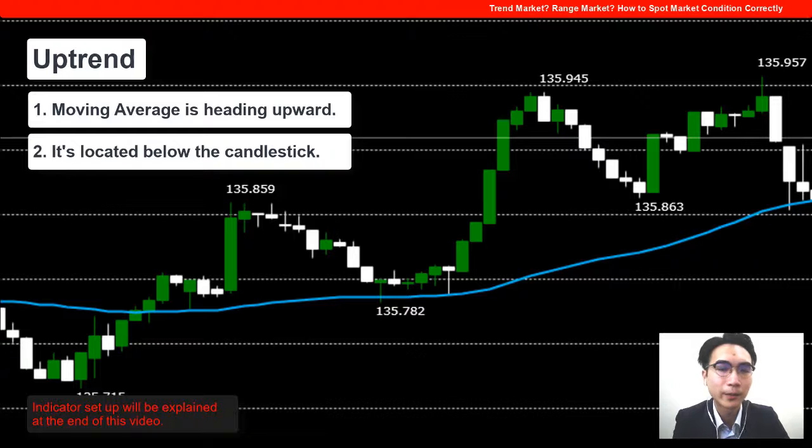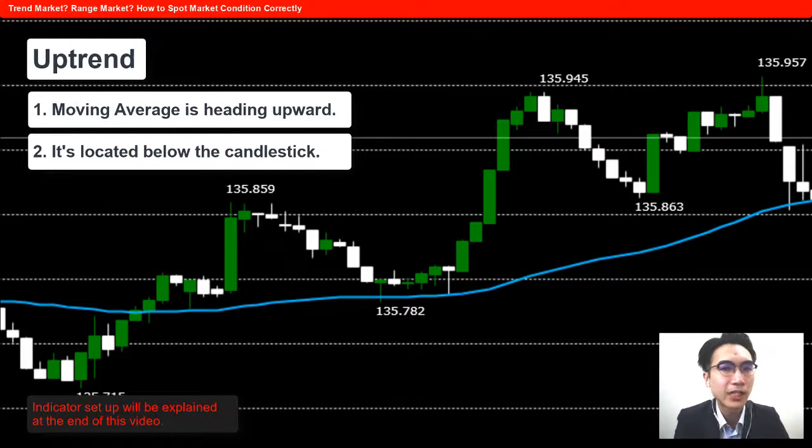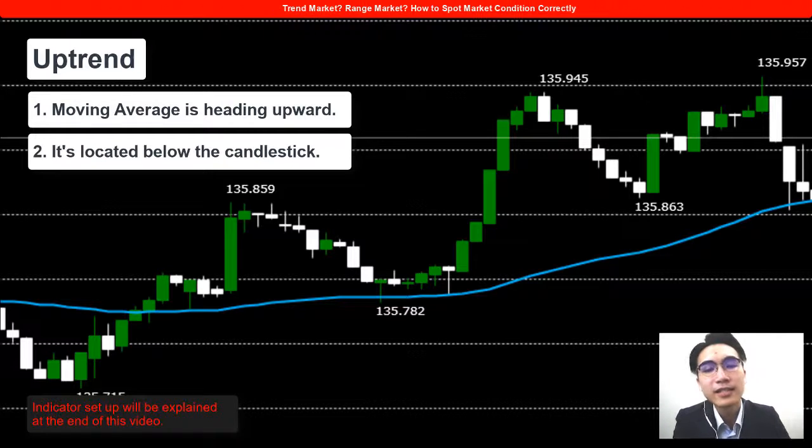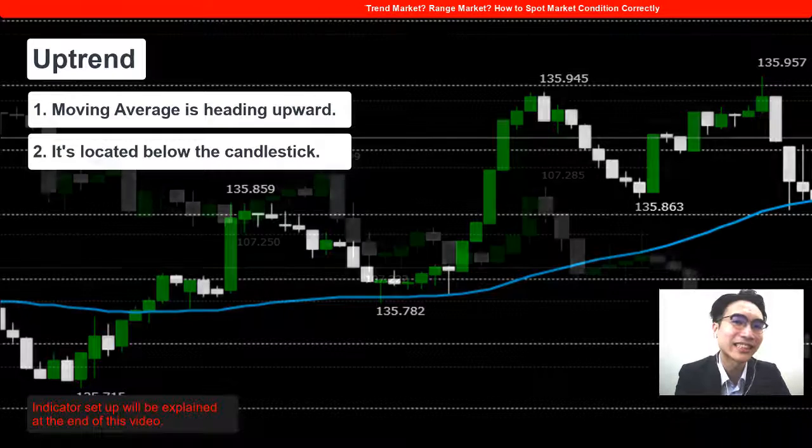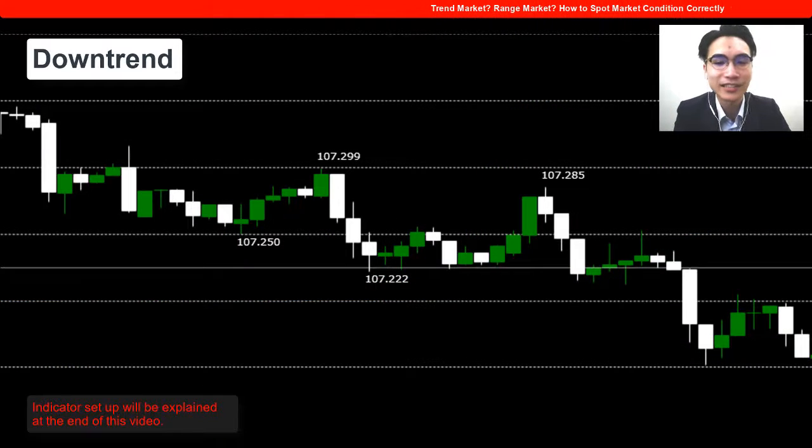Two criteria we are looking at here. First, the moving average is heading upward, and second, it's located below the candlesticks, so we can identify that the market is in an uptrend. Pretty easy.